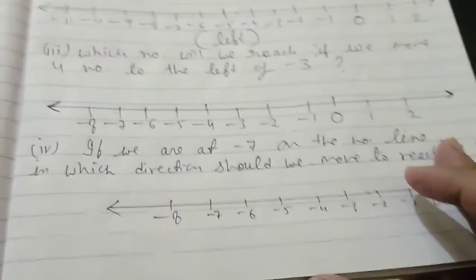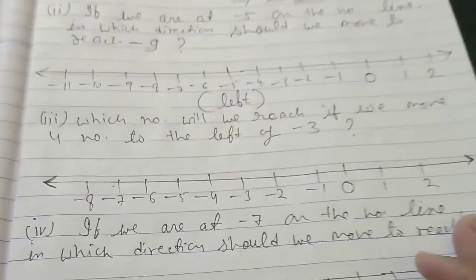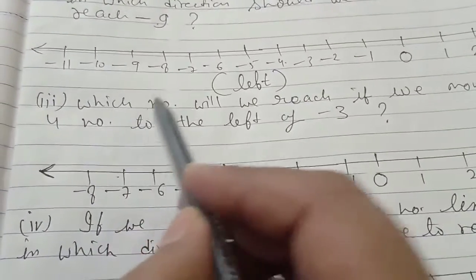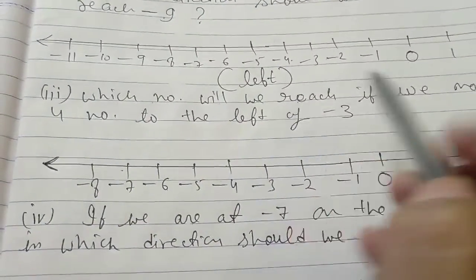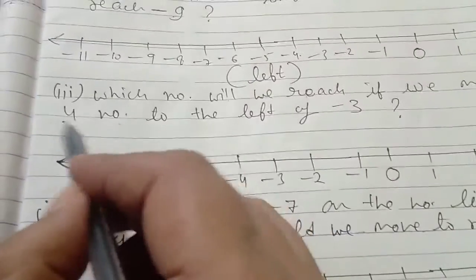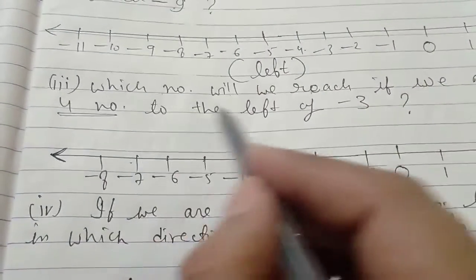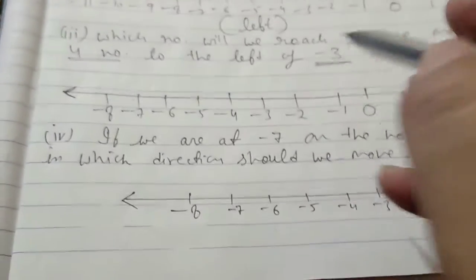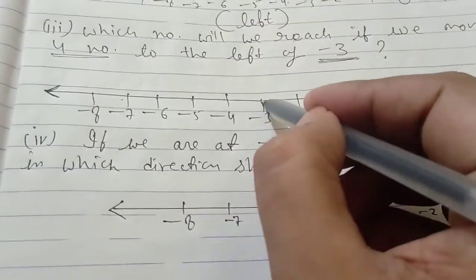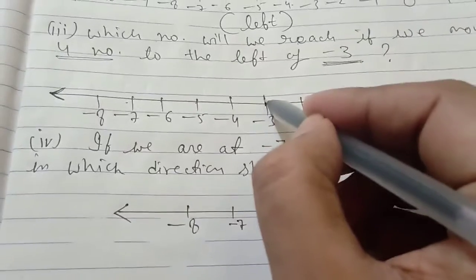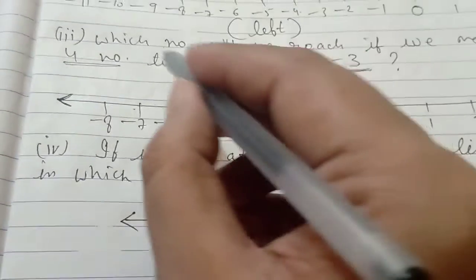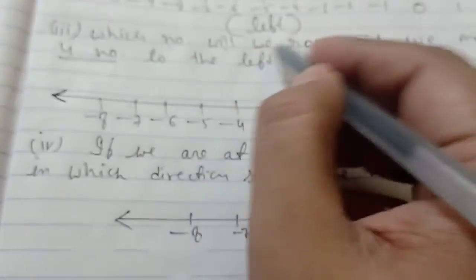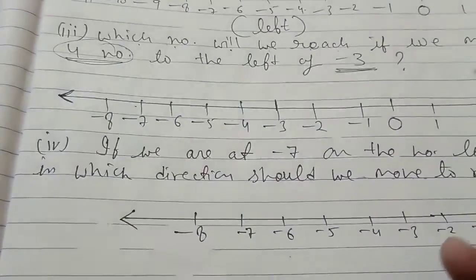Now coming to question number 3. Which number will we reach if we move 4 numbers or 4 steps to the left of -3? First we will reach -3. Suppose that we are here. Which number will we reach if we move 4 steps to the left?